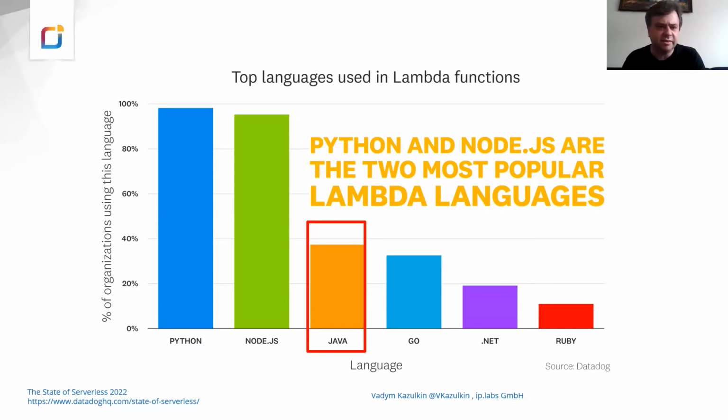So you see that it's mainly the same picture. Java is quite behind Python, Node.js, or other JavaScript derivatives. So it's still the situation that the Java community cannot embrace serverless. I think it doesn't depend on the cloud provider, it's still the same picture.